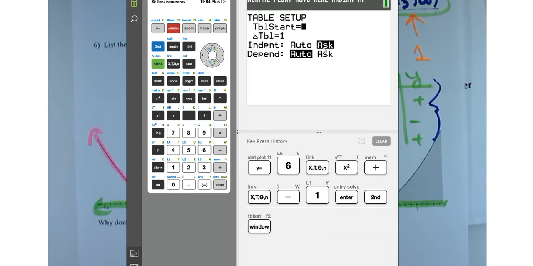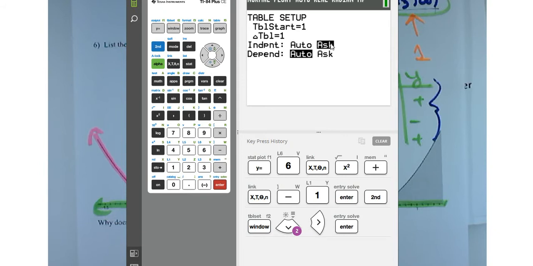Independent should be set to ask, and dependent should be set to auto. So if you need to make some adjustments there, great. Cursor down, cursor over, press enter with the cursor over ask, like that. And then do likewise with the dependent. Table start and table delta don't really matter for us in this case.